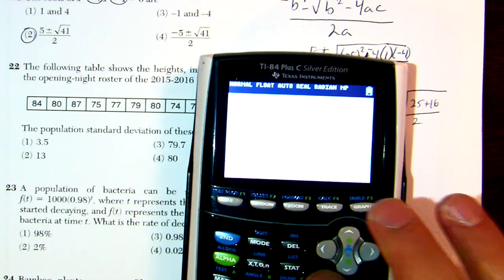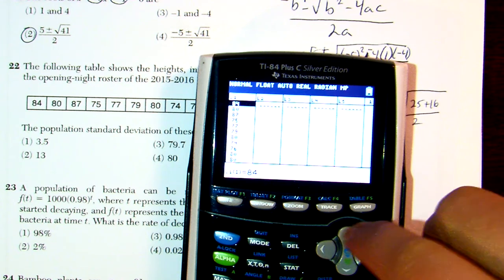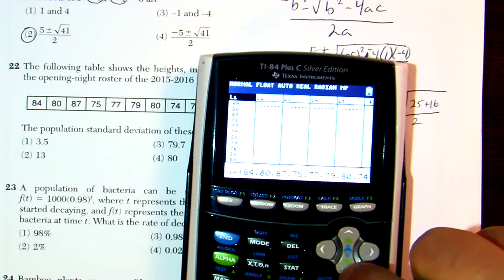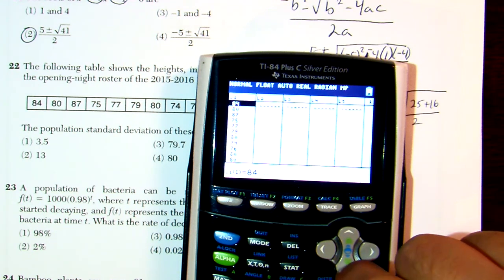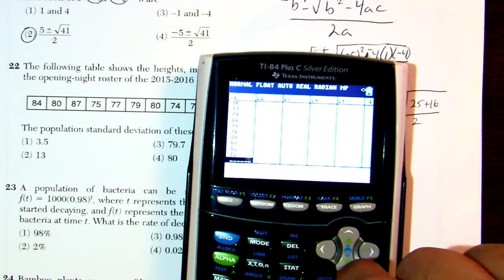So you go to stat, edit. Okay, under L1, I already worked through it. So under L1, you're going to go ahead and enter each one of those in, making sure you're accurate. Okay, so we got 84, 80, 87, 75, all the way down, and you'll see that there's 13 of them.